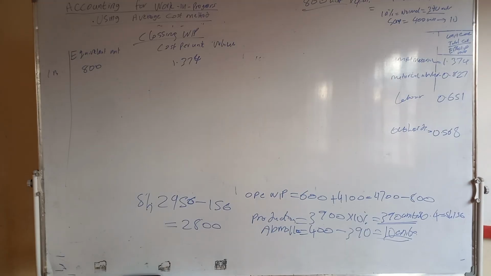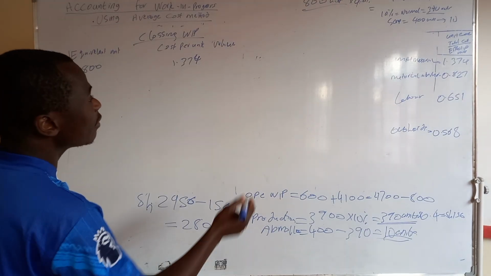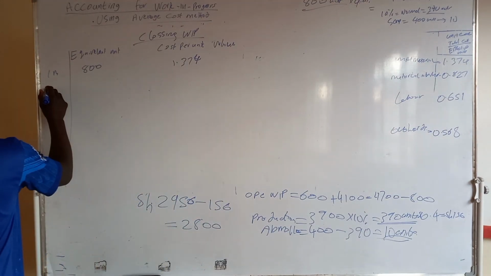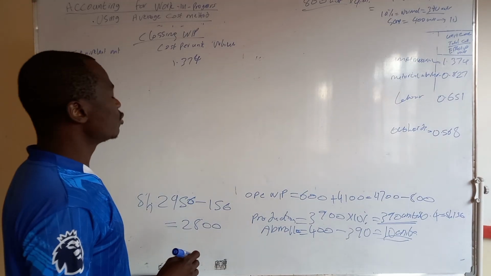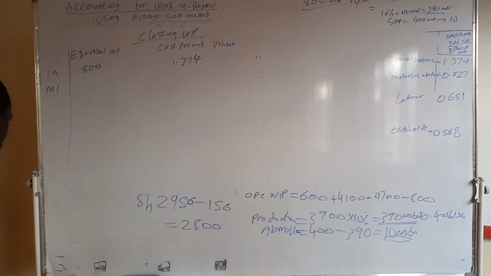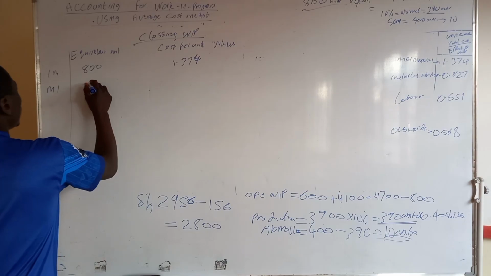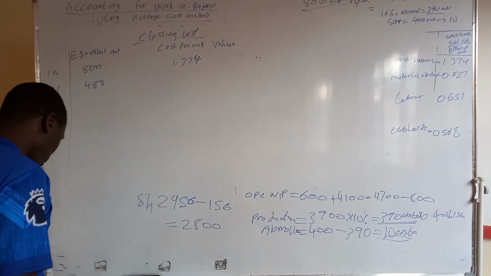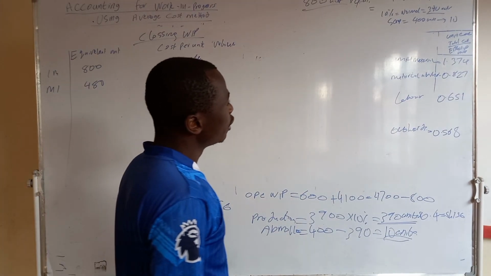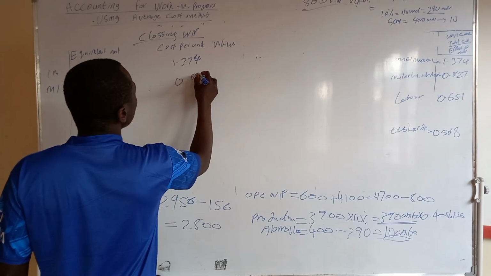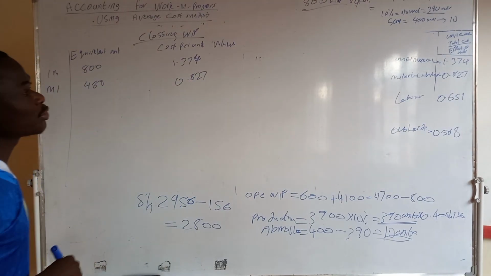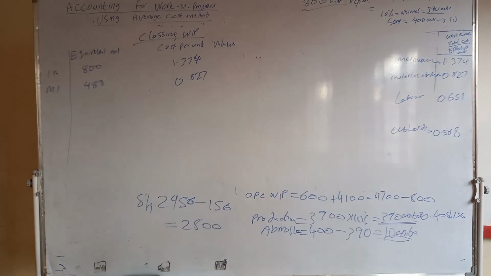Now we also have material introduced. Equivalent unit was 480. The cost per unit is 0.827. Then we have labor.